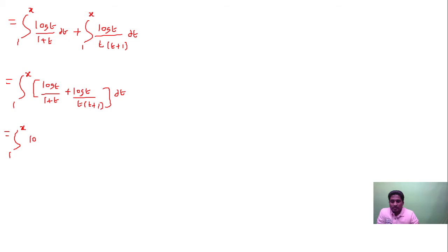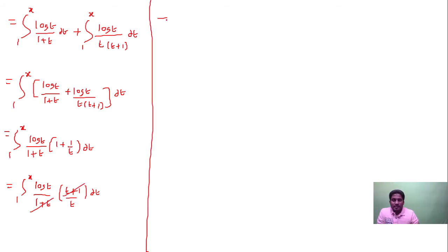I'm going to take log t upon 1 plus t common. It's easy. So you get 1 plus 1 by t. Now integration of 1 to x. This is equal to log t upon 1 plus t. Now if I cross multiply, you will get t plus 1 whole divided by t, and then this is dt. This will cancel.